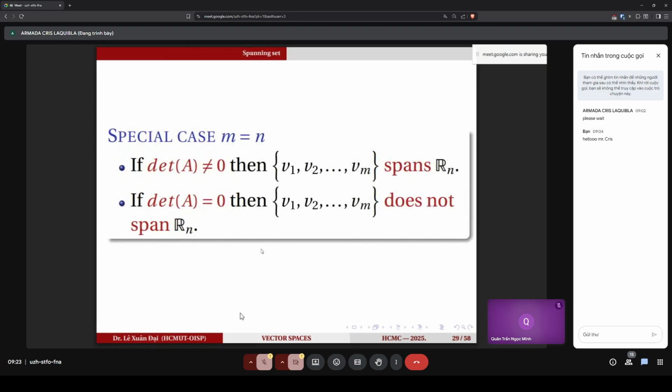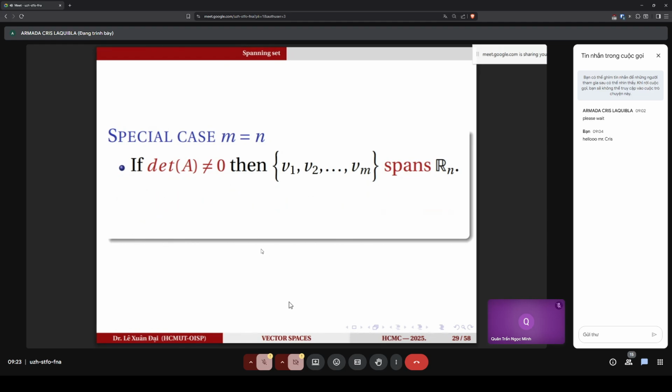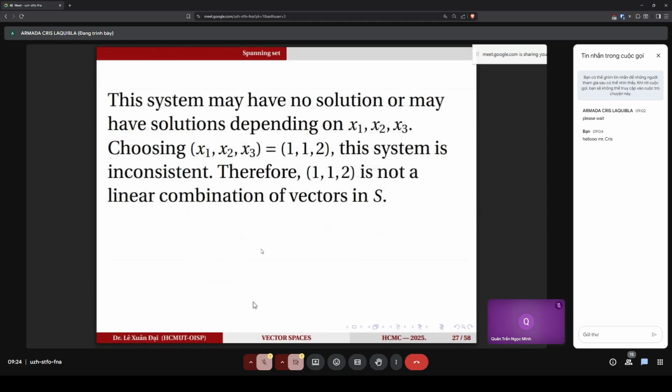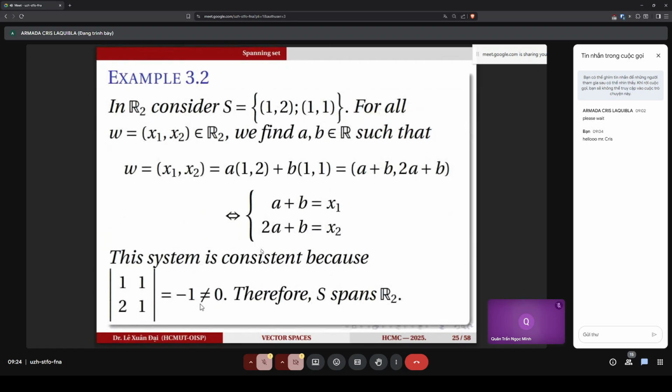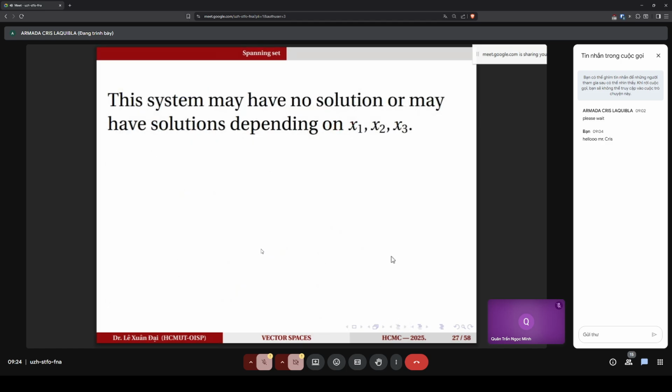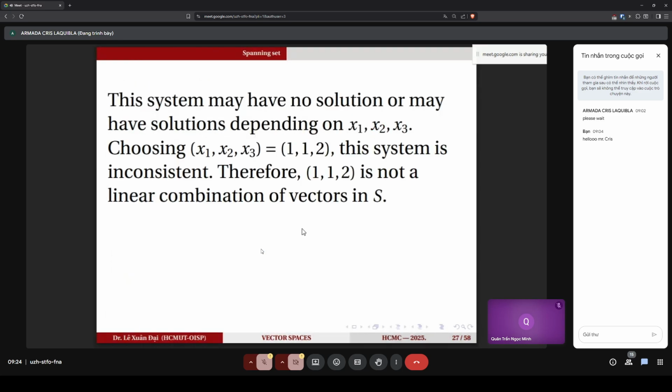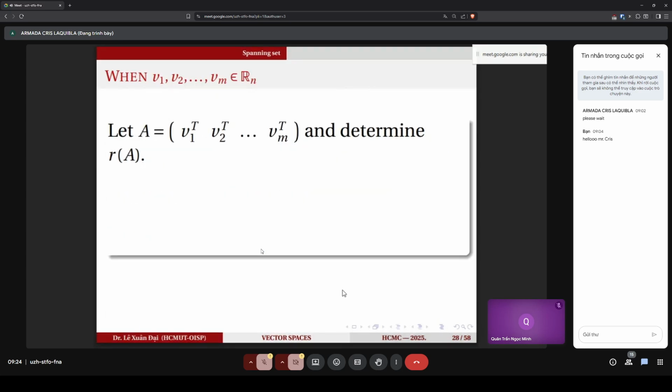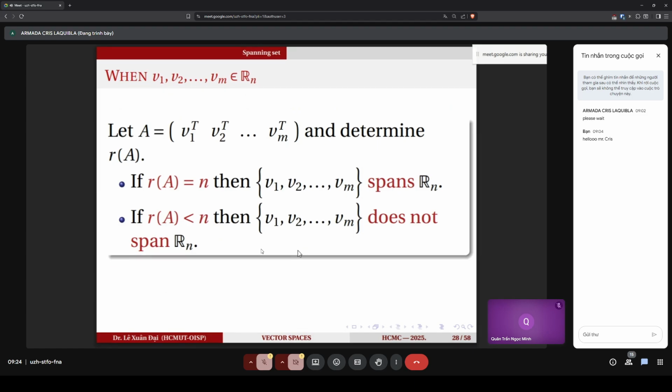So we can check it there. It will span if not equal to 0. And we have this example. Here the determinant is not equal to 0, so S spans R2. And then this one, its rank is 2. Again, it will not span R3.